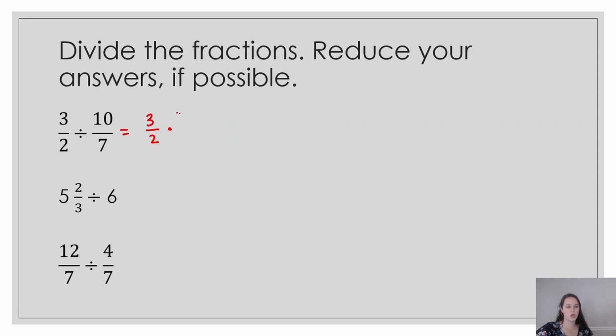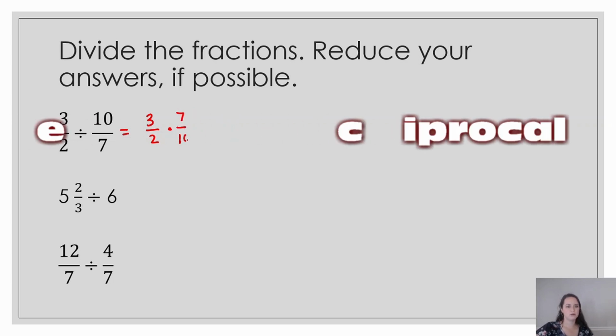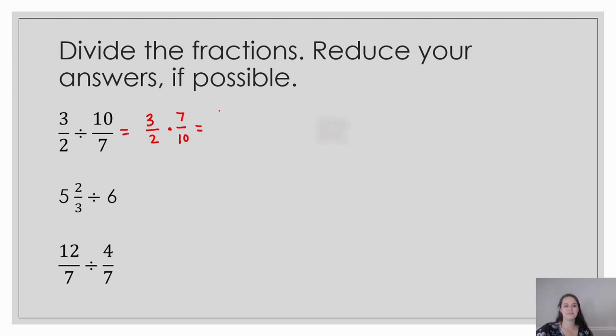Remember, that's called the what? The reciprocal. Please know that word. Alright, I got 3 times 7, 21, over 2 times 10, 20. Again, it's fine to leave that as an improper fraction. If you want to change it to a mixed number, you're welcome to. I'm going to leave mine.